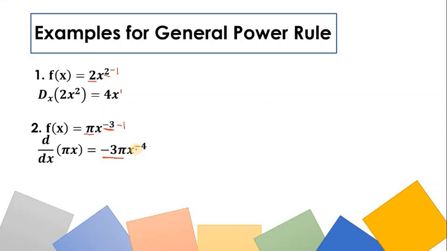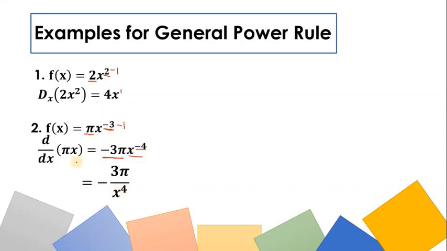So obviously in this form, my exponent here is negative. In mathematics, we don't usually end with a negative exponent. We usually convert that negative exponent to a positive one. How? By getting its reciprocal. So meaning it will become something like this: negative 3 pi, this negative is from the negative 3 pi, and you put x raised to 4 in the denominator, or you get the reciprocal to make it positive.